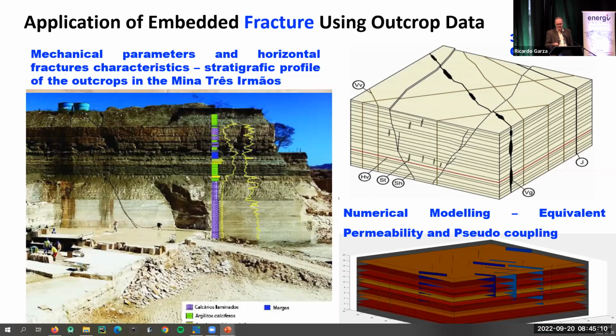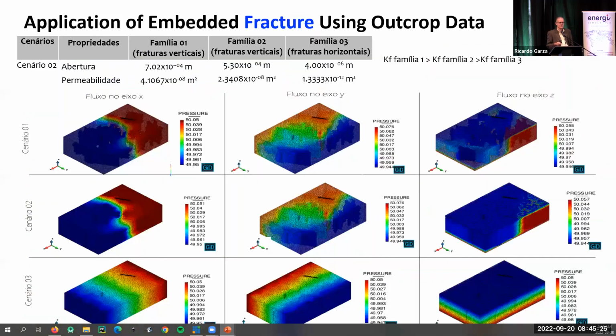And we have this block where we could map the fractures using vertical and horizontal scan lines. Then we apply flow-based upscaling to identify the most relevant fractures in this system.